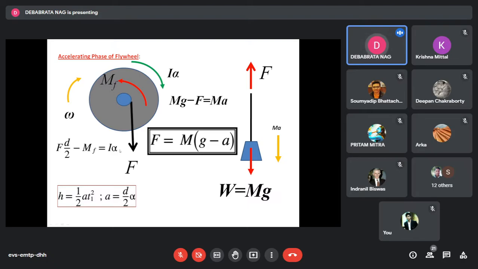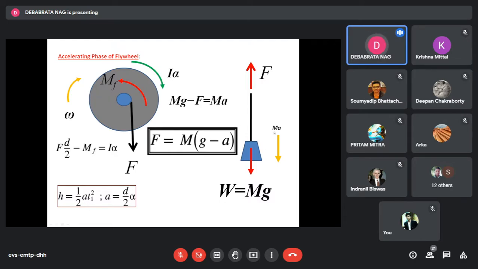However, we cannot do anything with this because we do not know the acceleration of the falling weight, nor do we know the angular acceleration of the flywheel, but we can calculate them. How? Because the weight is coming down with some acceleration. Let us assume that acceleration is constant, and the time required is t1.